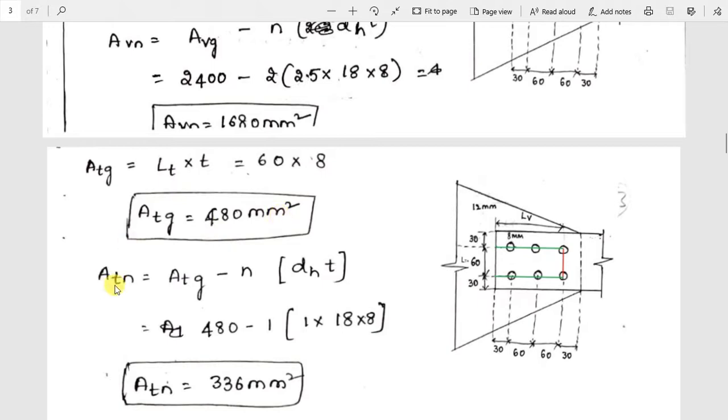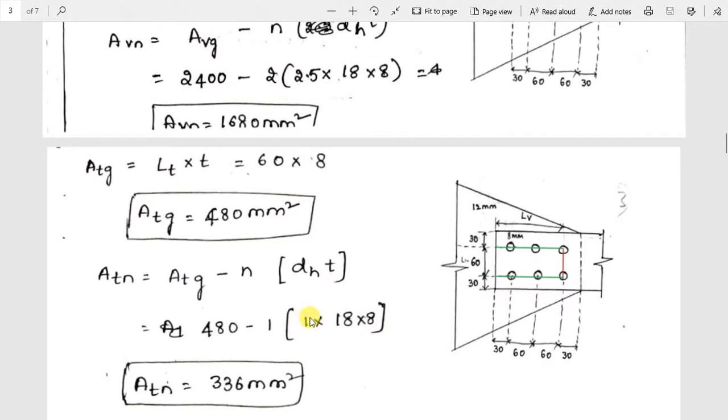Similarly, I have to calculate the net area in tension. It's Atg minus n into DH into t. So Atg is 480. n stands for the number of tension planes. Always we will be having only one tension plane, into DH into t. DH is 18, t is 8. What is this 1?